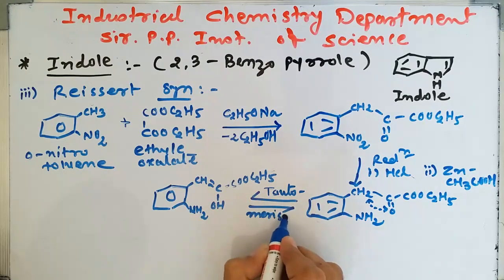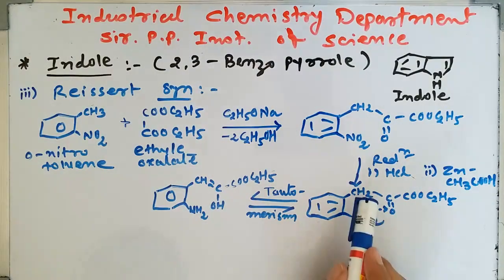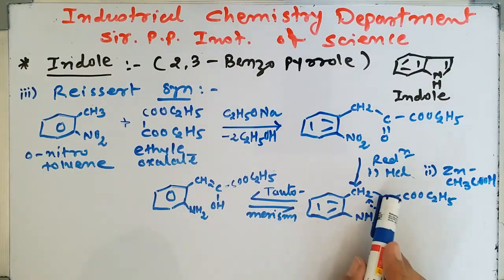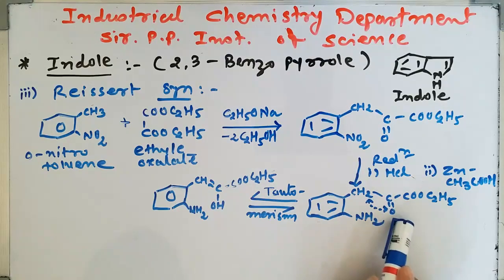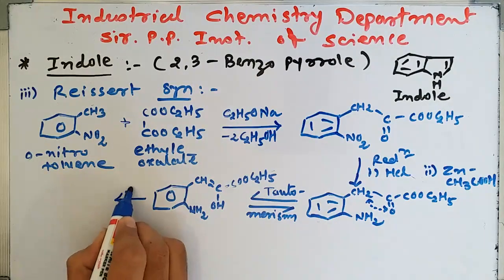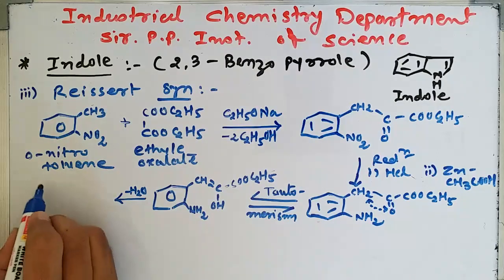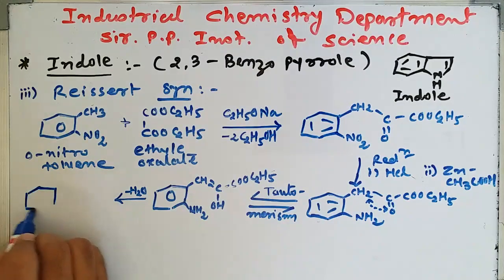Tautomerism. So hydrogen is replaced at this position and it converts into CH double bond C, OH, and now it is dehydrated, so minus H2O, we get the cyclic compound.